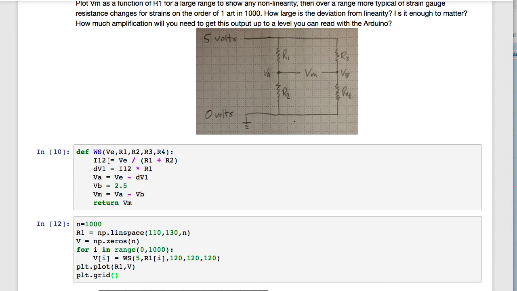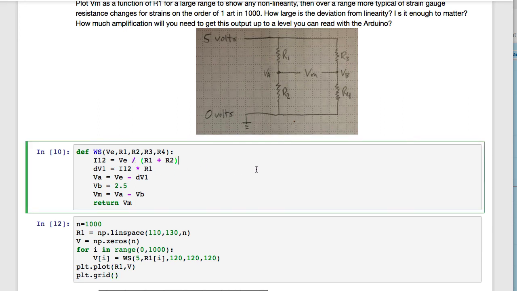Now, we've gone through a process-based calculation here to get to VA. If we back substituted I12 times R1 in for that, and we back substituted I12 equal to VE over the resistances, we could probably simplify that to a direct calculation. But I think it's easier to follow as a process here. So let's just put some comments on that process.